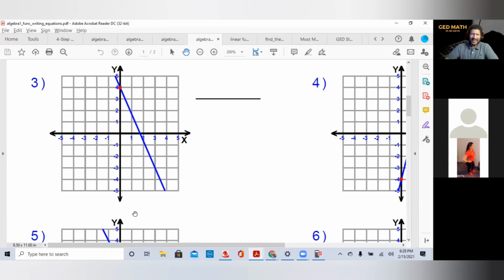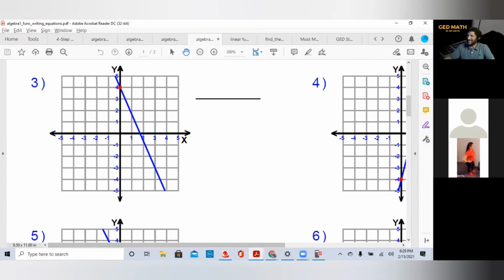I see this graph on my GED exam, and I need to identify what's important. There's 3 things that are important when they give you an equation of a line: the y-intercept, the slope, and the equation of the line. Because again, this tells you these important things in the given. So even though this doesn't say anything, it's giving us the line.